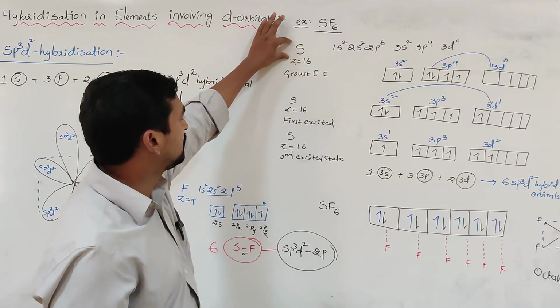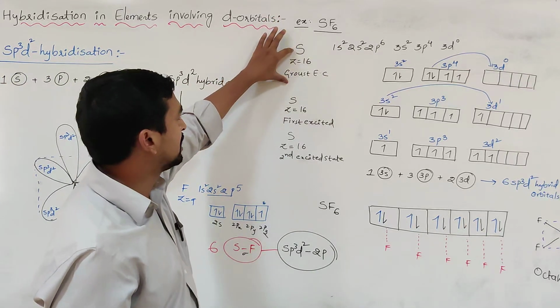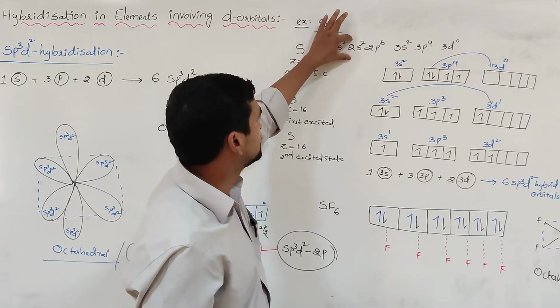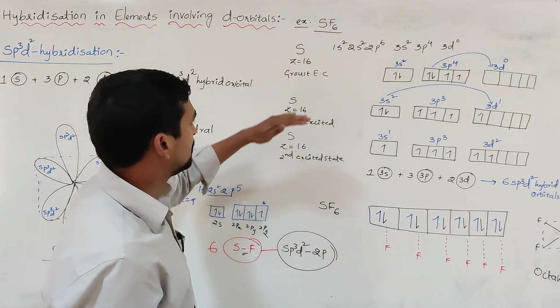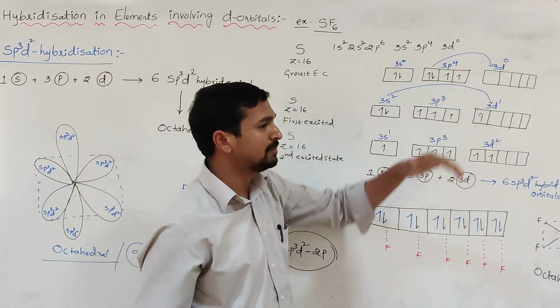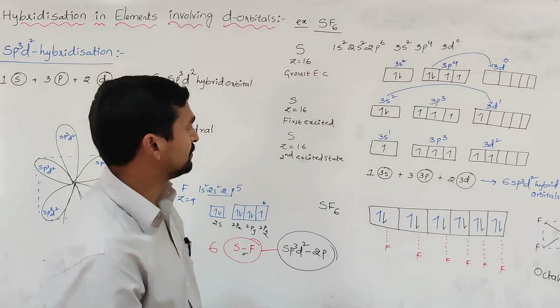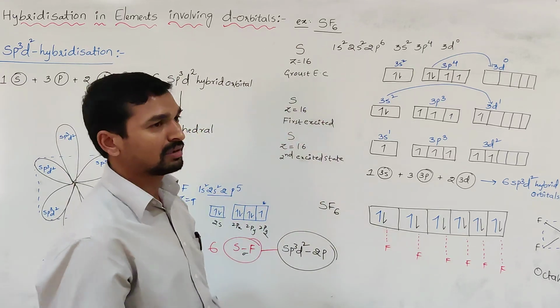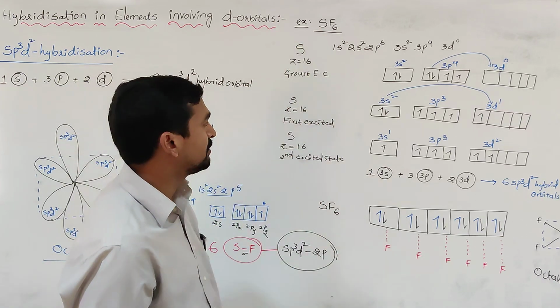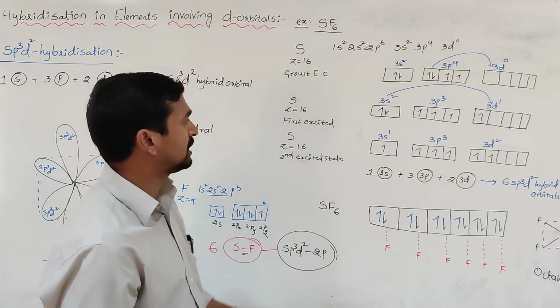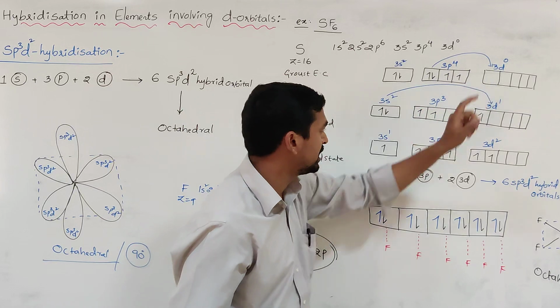In sulfur hexafluoride, the sulfur ground state electronic configuration is 1s2, 2s2, 2p6, 3s2, 3p4, 3d0. In that one, only 2 atomic orbitals are half filled, so the ground state electronic configuration does not account for the hexavalency of sulfur. So we need to promote an electron from the 3p orbital to the 3d orbital.